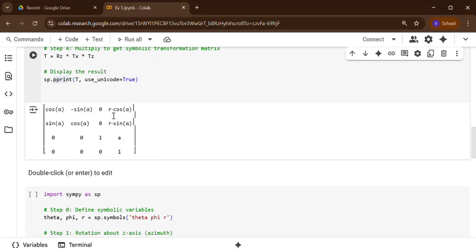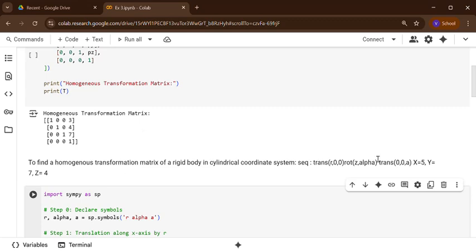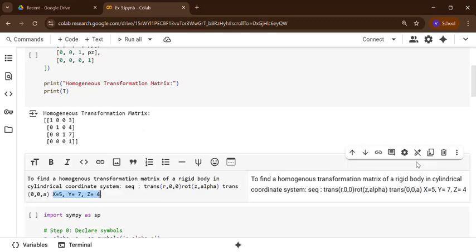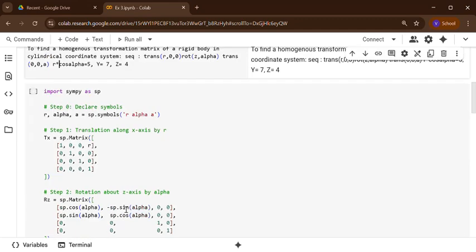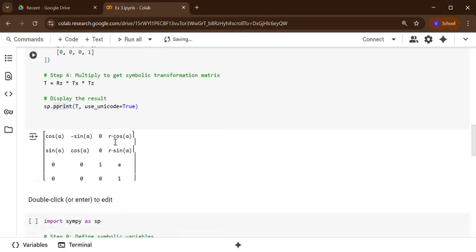Then you have to find out the R value. How will you find the R value? For that, first you have to find alpha. What is the rule? R cos alpha equals x, so x is replaced by R cos alpha. Why am I saying so? Because in a transformation matrix, the last column is for translation.